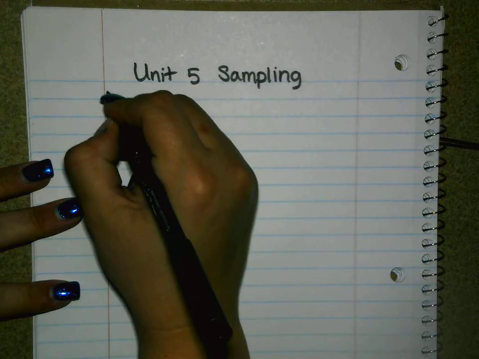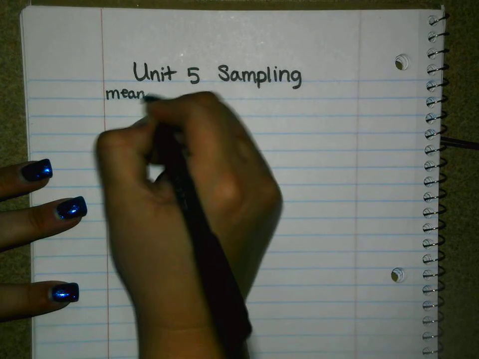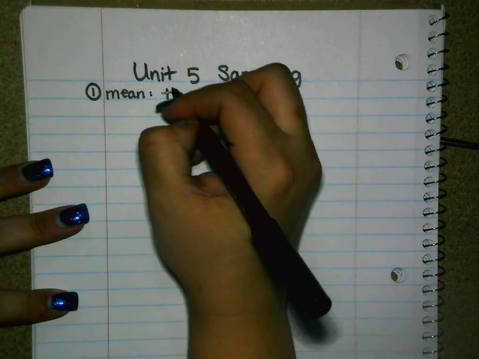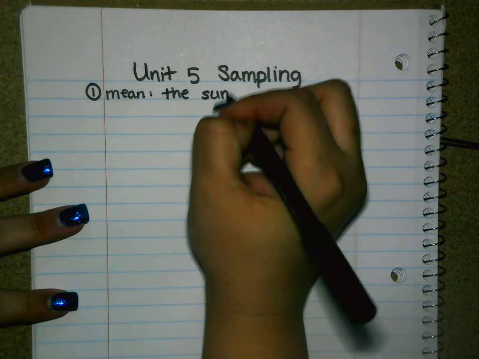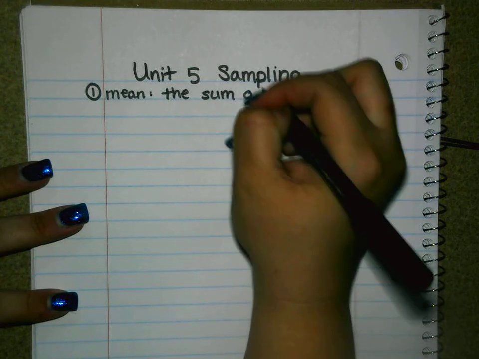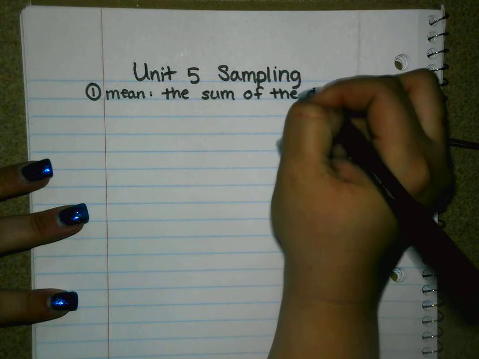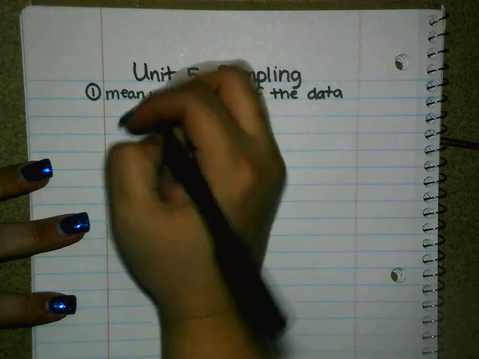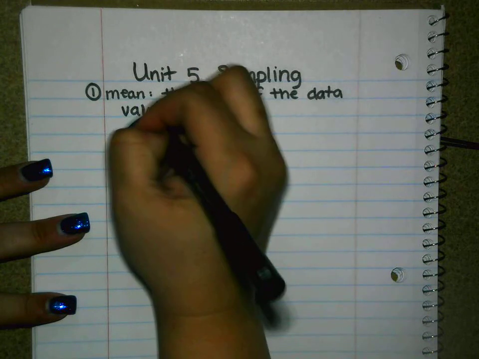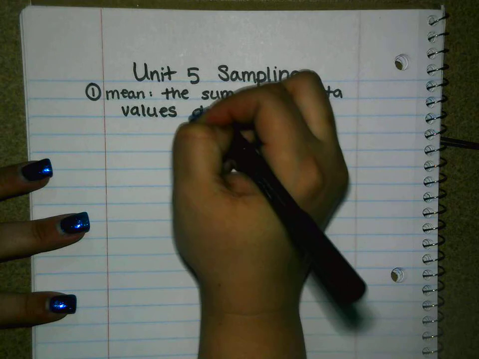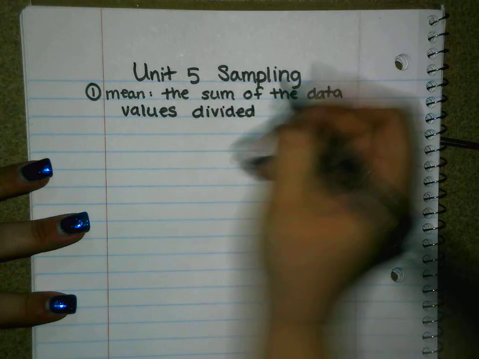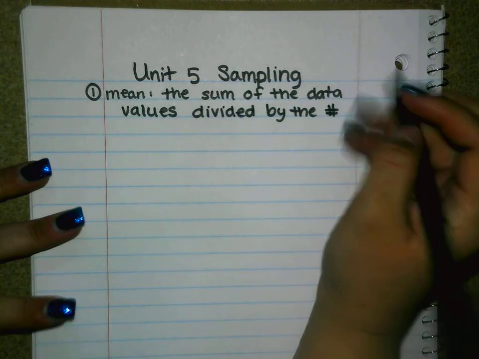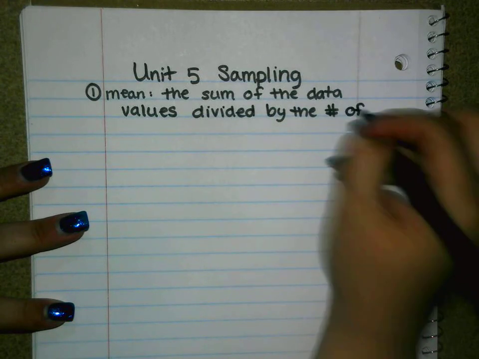So this first one is mean. And this is again a type of average, right? So a mean is the sum of the data values divided by the number of data items.